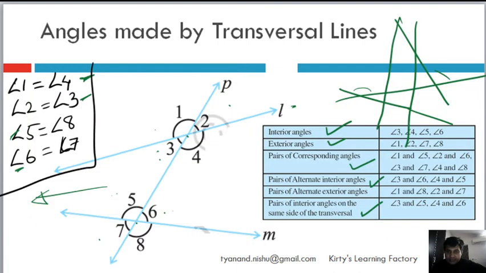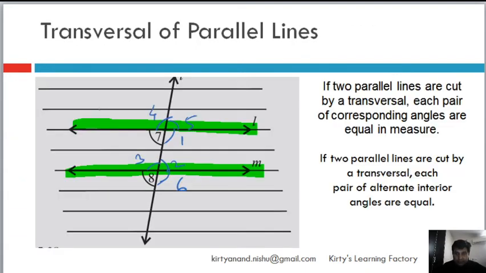And then let's look at exterior angles and pairs of alternate interior angles. So 7 and 2 will be alternate interior angles. 7 and 2, 1 and 3, 4 and 6, 5 and 8 are alternate exterior angles, and 1 and 2 are the angles on the same side of the parallel line.